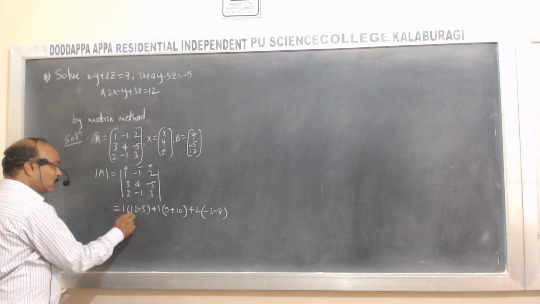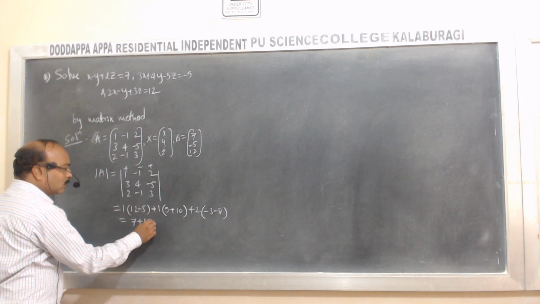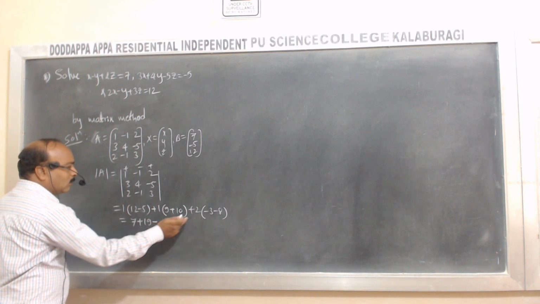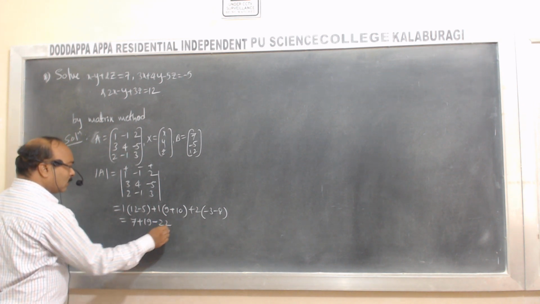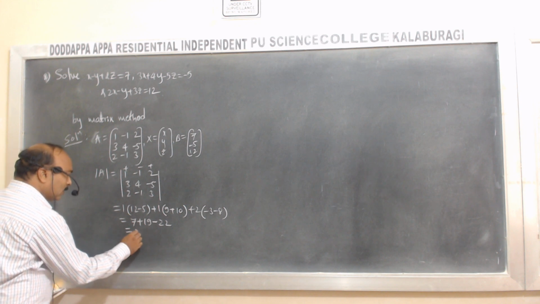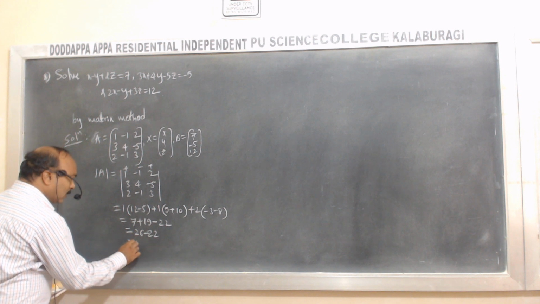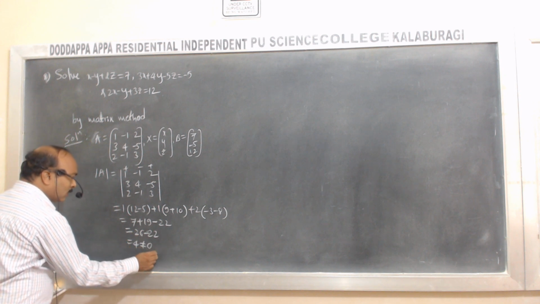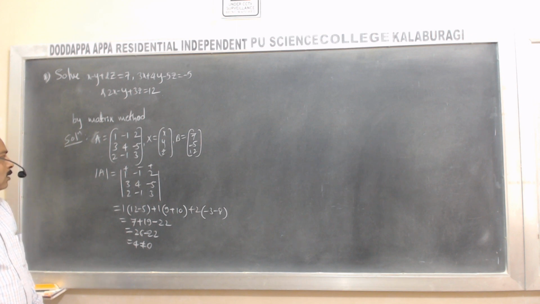Now simplifying this, 12 minus 5 is 7, plus 9 plus 10 is 19, minus 2 into 11, that is minus 22. So it is 7 plus 19, it is 26, minus 22, it is equal to 4, which is not equal to 0, so it is a non-singular square matrix.